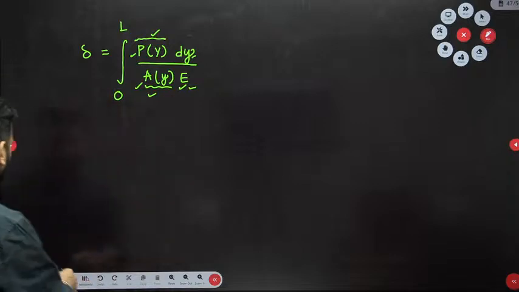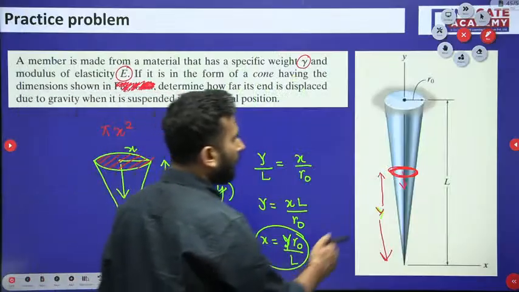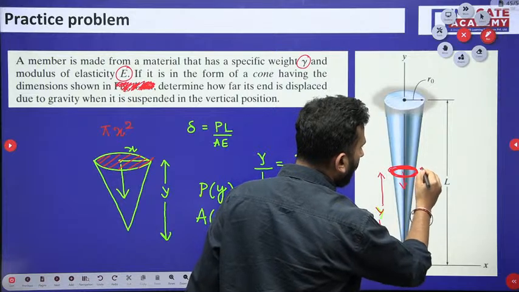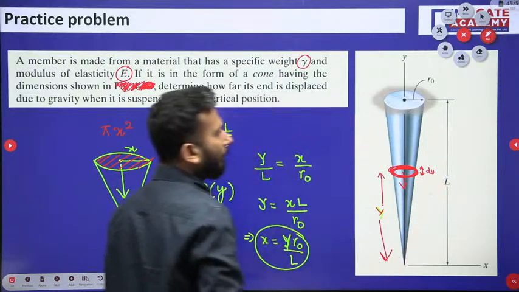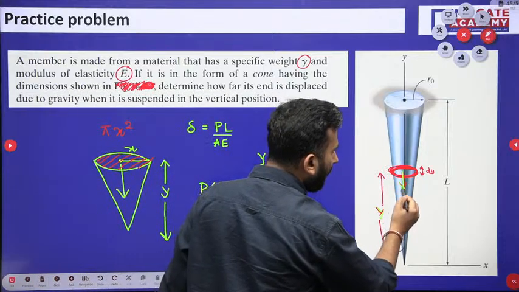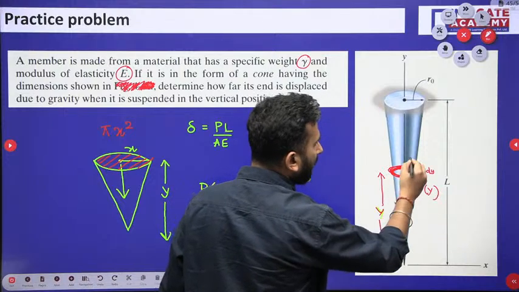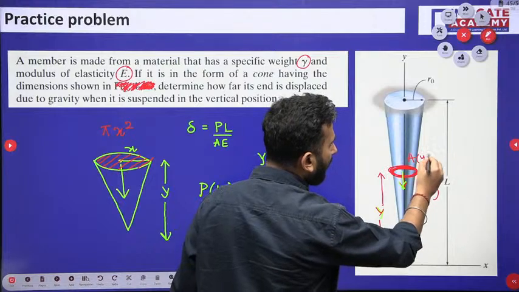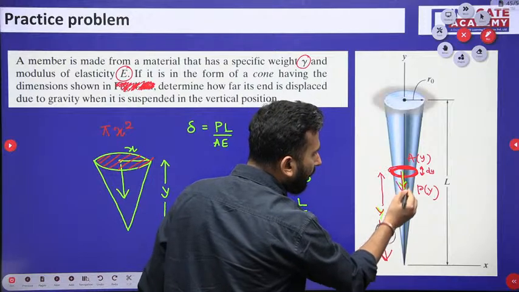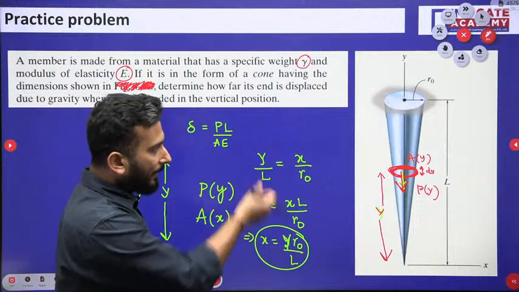So on the element dy that we have taken over here, what is the weight? The weight is nothing but P of y. What is the varying cross section? That is A of y, and the length is dy. So what will be the elemental deformation?